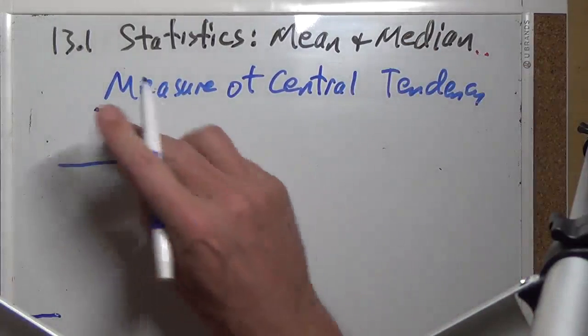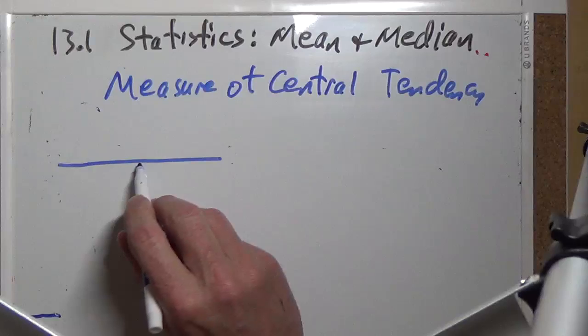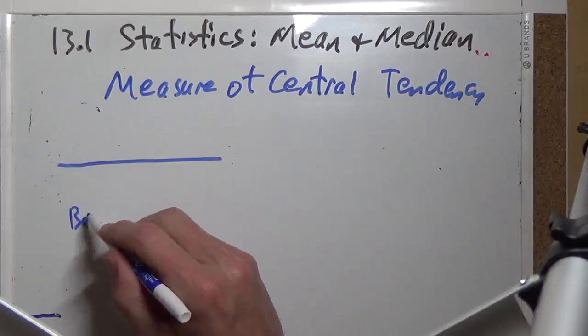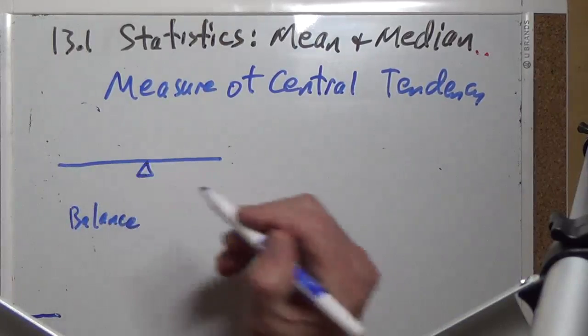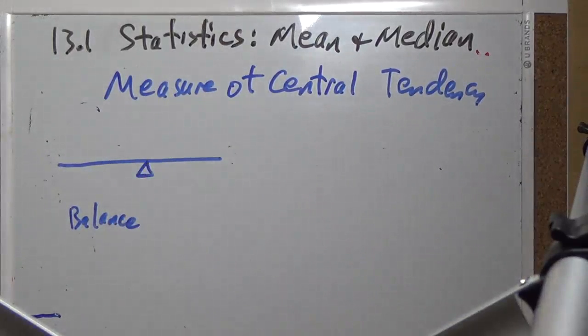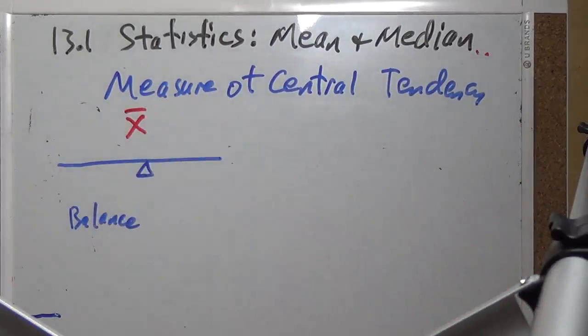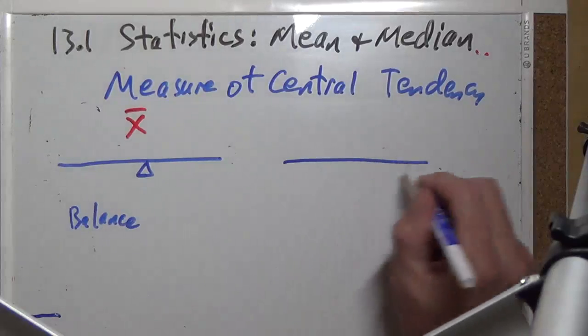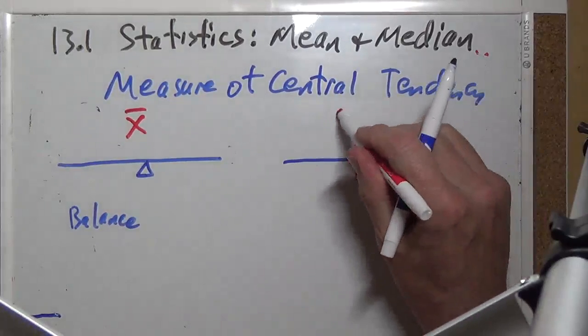You can think of the mean as finding a balancing point. So my balancing point right now would be right in the middle. Everything's perfectly balanced. So this is looking at X bar. If you look at the median, there's my data, it doesn't matter how it's balanced, it just cuts it in half.